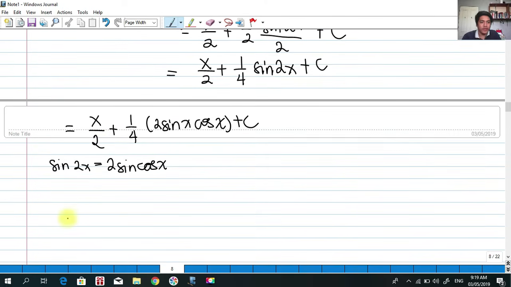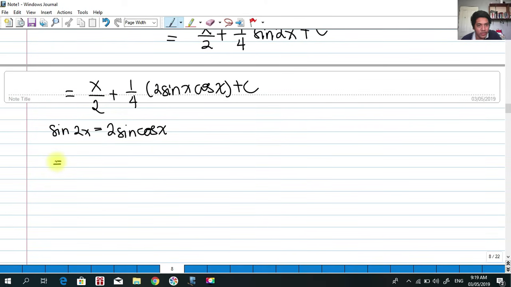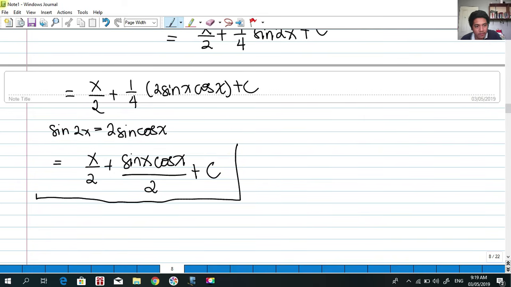So we have here x over 2 plus 1/4 times 2 sine of x cosine of x, that is x over 2 plus, again, the 2 here will cancel, so sine of x cosine of x over 2 plus c. This will now be our final answer.